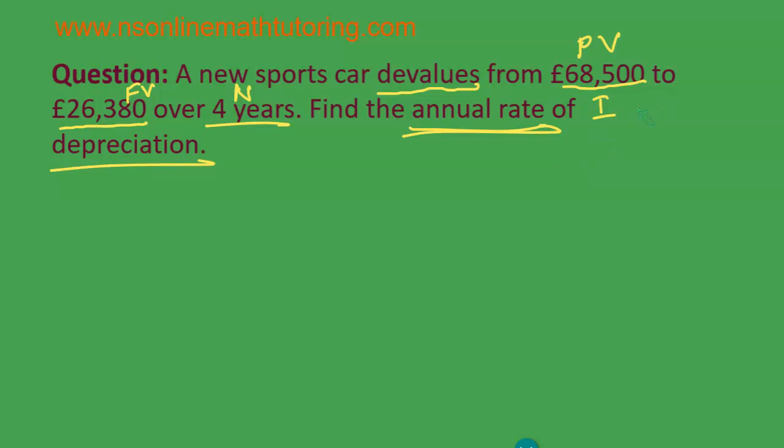Okay, so now, what should be the signs of PV and FV? A new sports car devalues from 68,500 pounds. So some person should have bought that sports car. Even if it is in a shop, the shop owner has bought that car from the car manufacturer. Right?